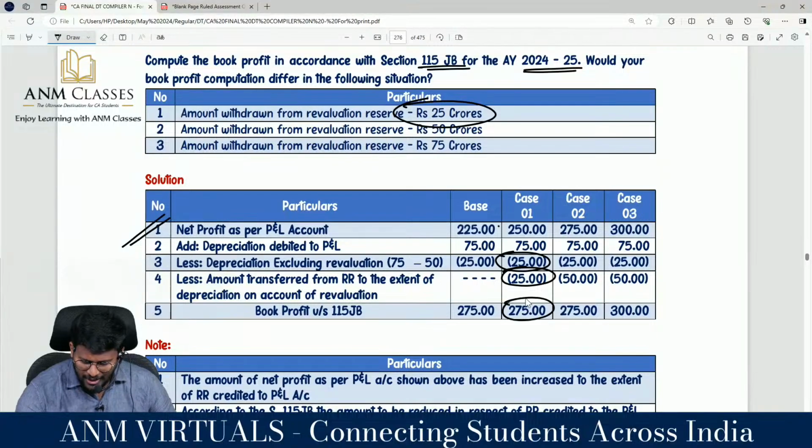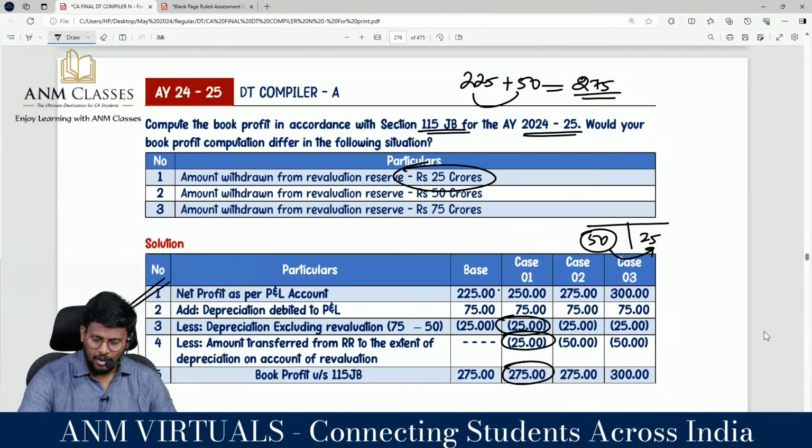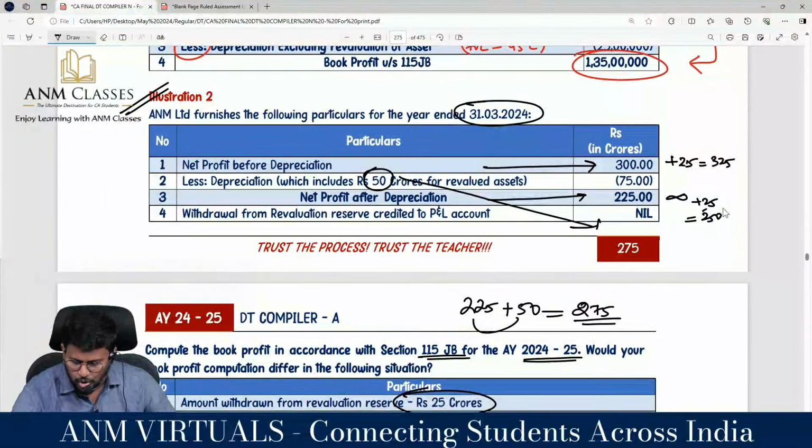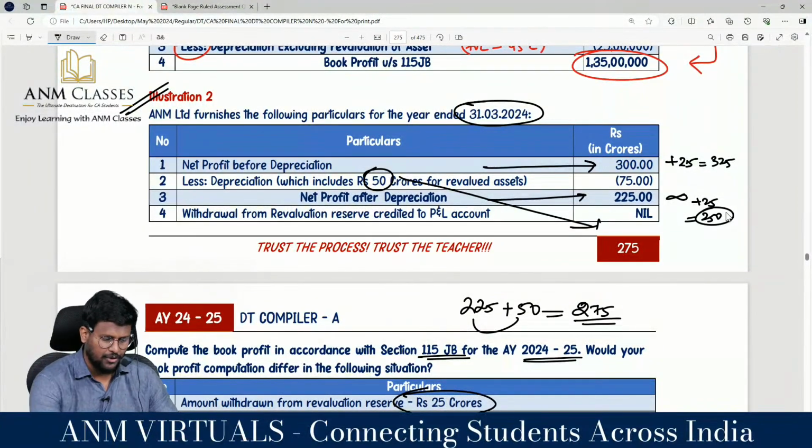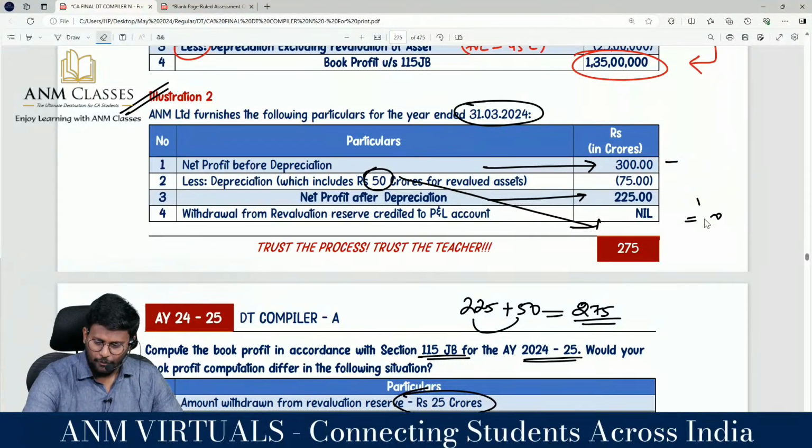So 275 crore is the book profit. So what mistake have you done, sir? You debited 50 crore depreciation, you credited 25 crore from revaluation. So 25 crore net debit you have enjoyed. What is the resultant net profit? 250 crore. 250 plus 25 comes to 275 crore. Book profit remains the same.